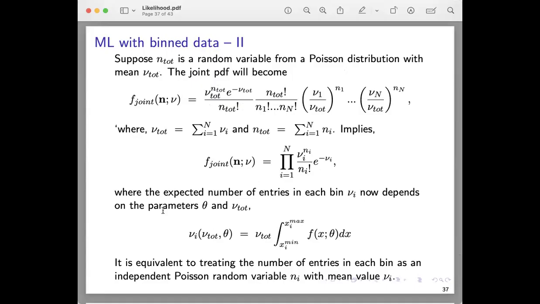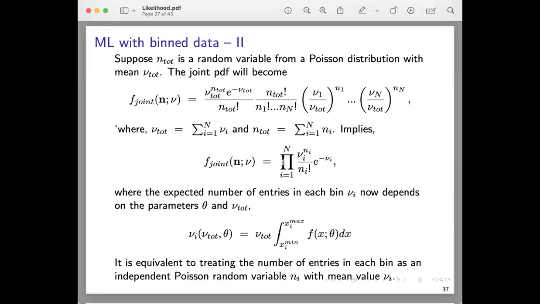And here is the expected number of entries in each bin. Now you can see that earlier we had nu i of theta, it's n total times the probability, since n total was constant and we were not treating it as a Poisson variable.